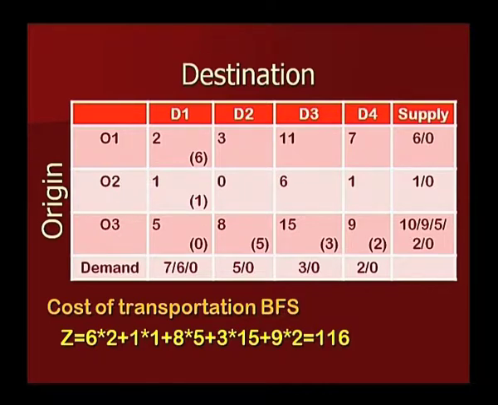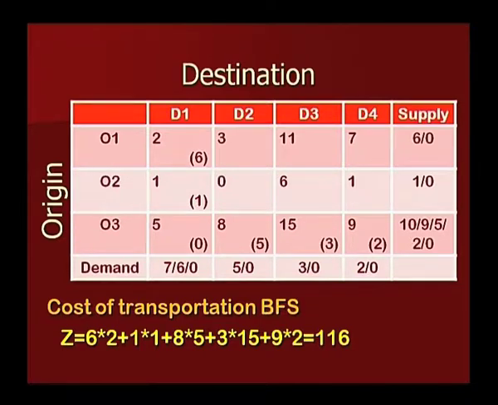Then since the second row is exhausted, we move to the second minimum cost value at D1O1, and we allocate 6 to this. So, the first column and first row are simultaneously exhausted.